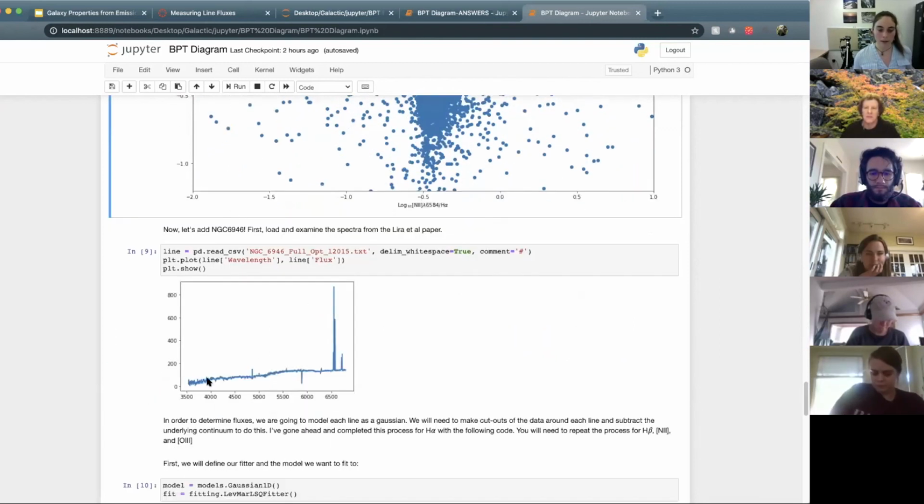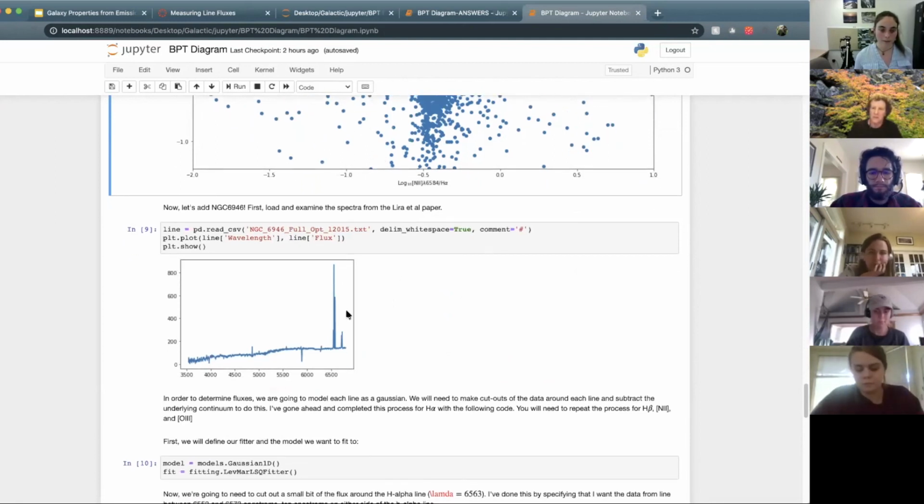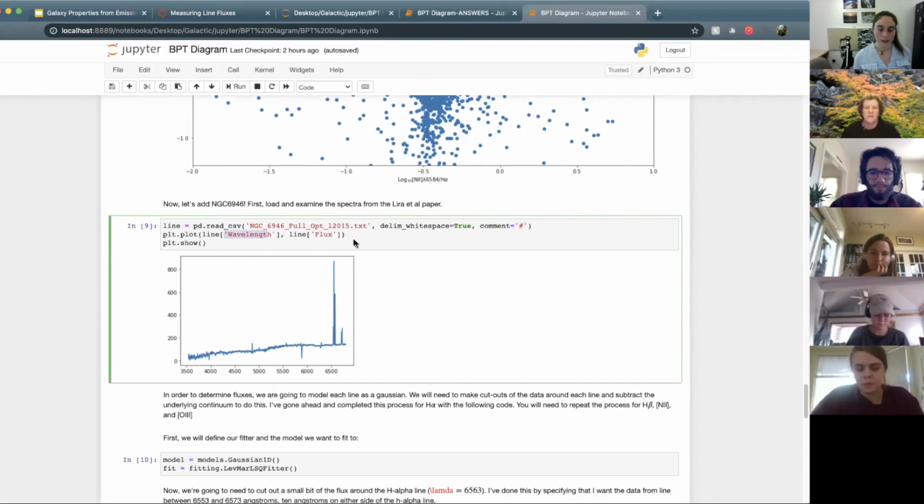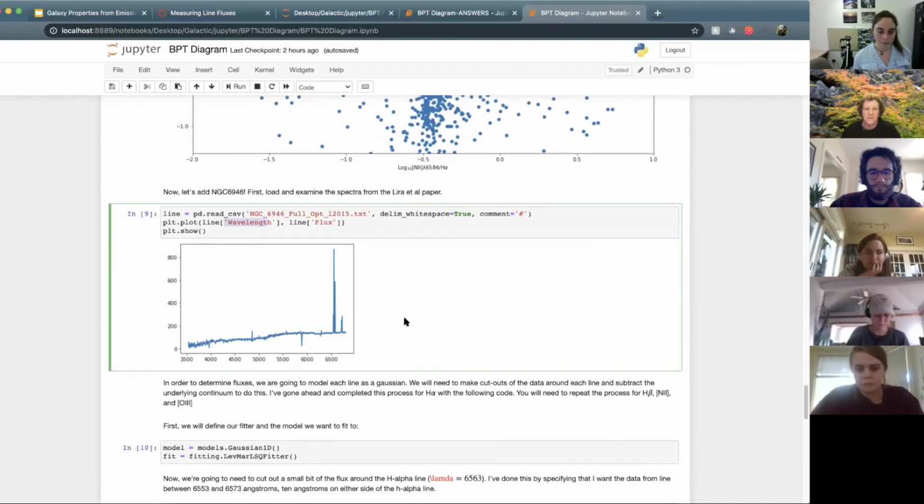I then also gave you the optical spectrum of NGC 6946 from a paper by Lira, and plotted that. Here you can see we've got wavelength and flux in our file, so we can use those to pull out data.